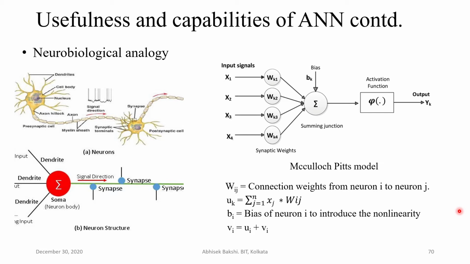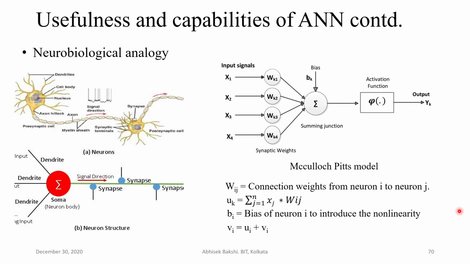One part is called the dendrite, another part is called the cell body, and another part is called the axon. These dendrites take information from the outside, and within the cell body that information is processed, and the output is carried forward through the axon to another neuron.